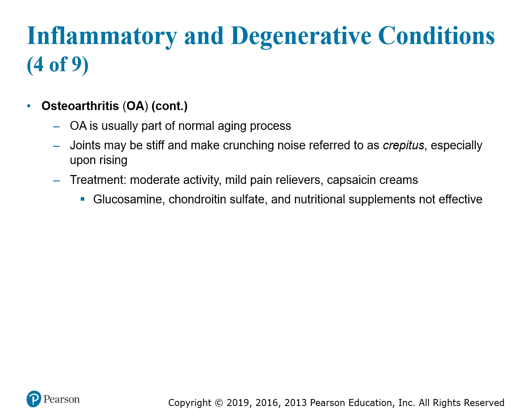The treatment of osteoarthritis is moderate activity, mild pain relievers, and different creams can be very helpful. Glucosamine, chondroitin sulfate, and nutritional supplements are also sometimes used with varying degrees of effectiveness.